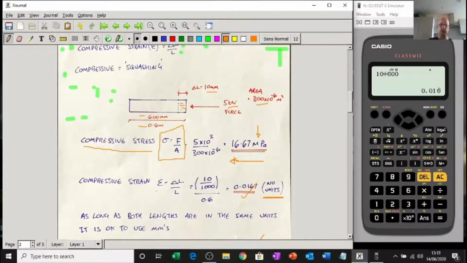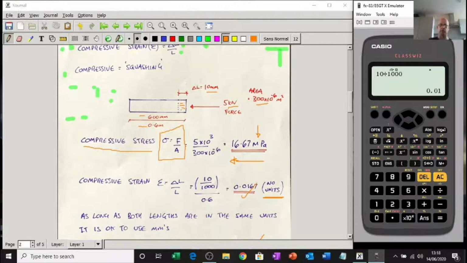Because sometimes, especially with this type of stress and strain, the change in length is very small. So I can picture 10 millimeters better in my head than 0.01 of a meter.